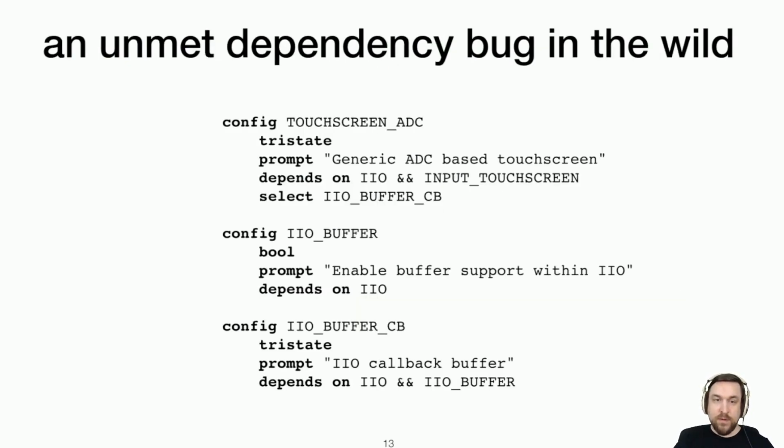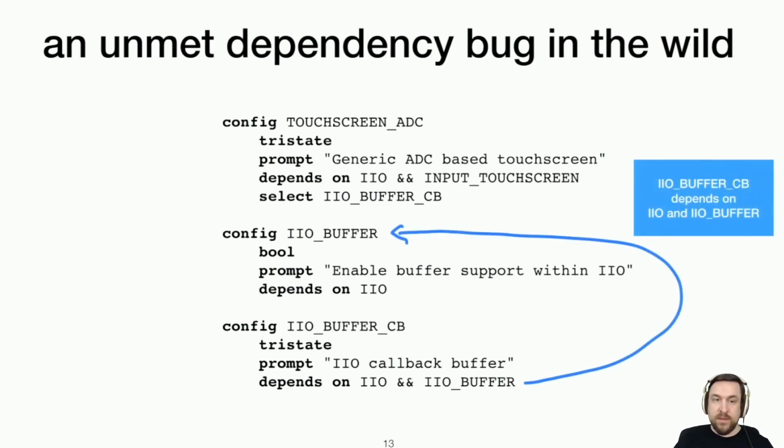To see an example of one of these unmet dependency bugs, here's this touchscreen ADC configuration option with a couple of other options that it has interdependencies with. So first note that this configuration option called IIO buffer CB has a dependency on two other options, IIO and IIO buffer, which means that IIO buffer CB shouldn't be able to be enabled unless its dependencies are met.